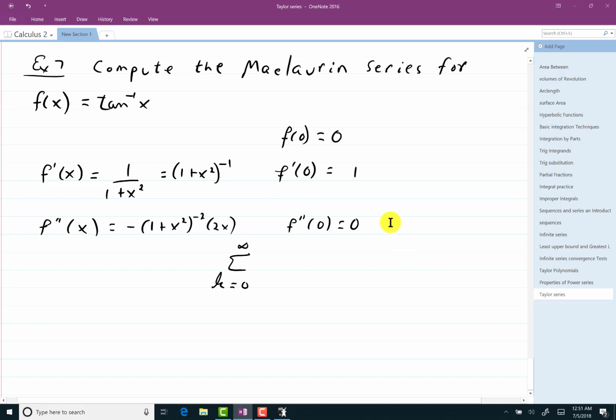No, it was just the odd terms. It was just the odd terms. Arctangent is an odd function, so that should make sense. Yeah, that's the one it was. And then my next example will use this as a building block.